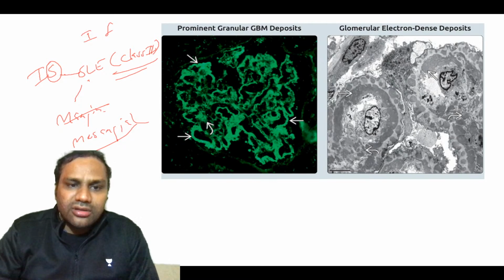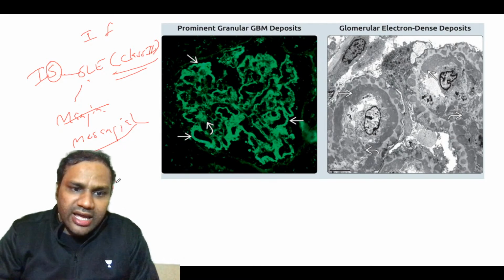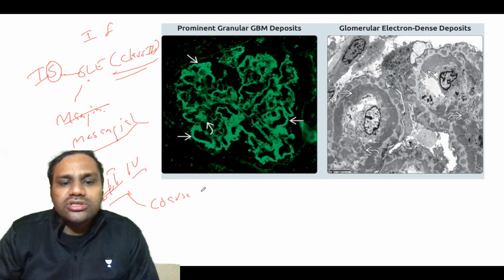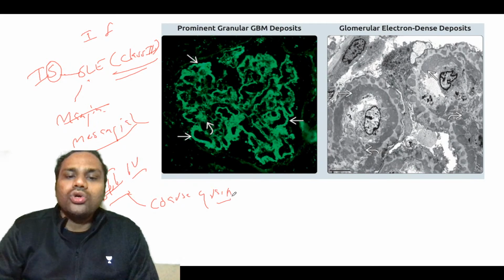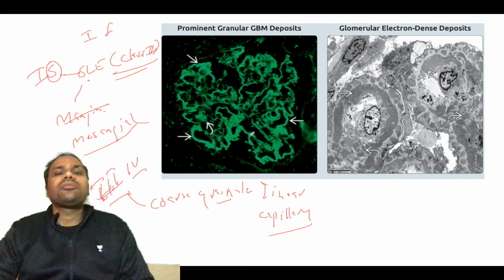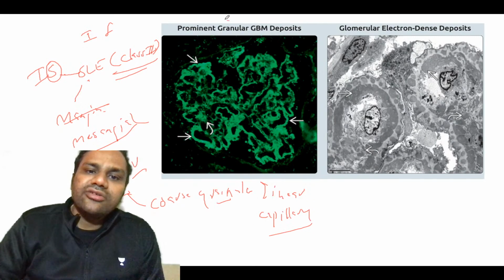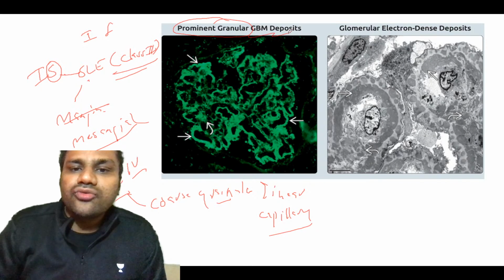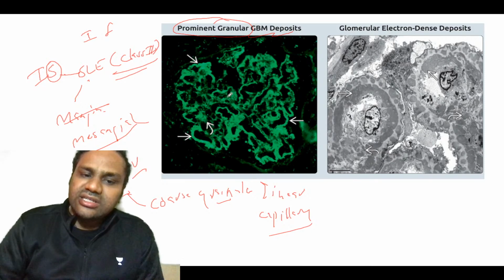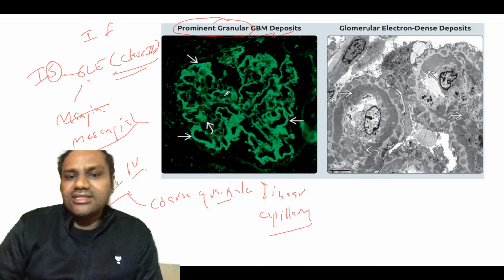When we talk about class 3 and class 4, they are associated with coarse granular linear capillary and mesangial deposits, associated with this type of proliferation in the cells. So you are seeing prominent granular GBM. This is basically class 3 and 4.